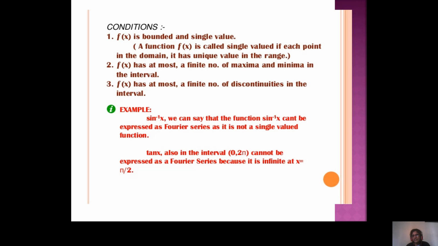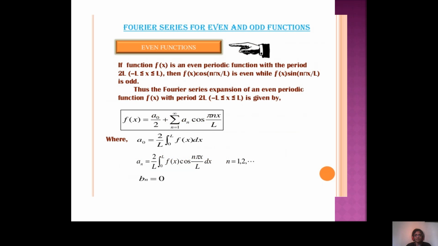Tan x also, in the interval 0 to pi, cannot be expressed as a Fourier series because it is infinite at x equal to pi by 2. So tan x in the interval from 0 to 2 pi also cannot be expressed as a Fourier series because it is infinite at x equal to pi by 2.